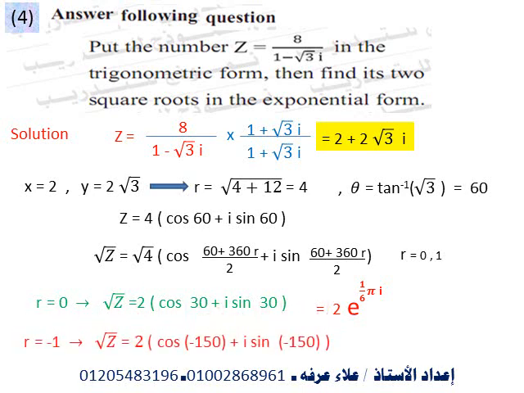If r equals negative 1, then root z equals 2 (cosine negative 150 plus i sine negative 150) equals 2e power (negative 5 over 6 pi i).